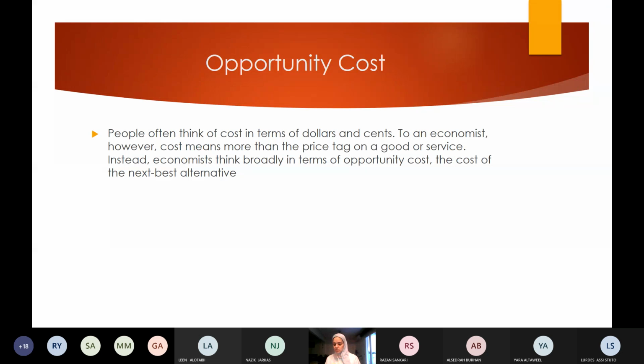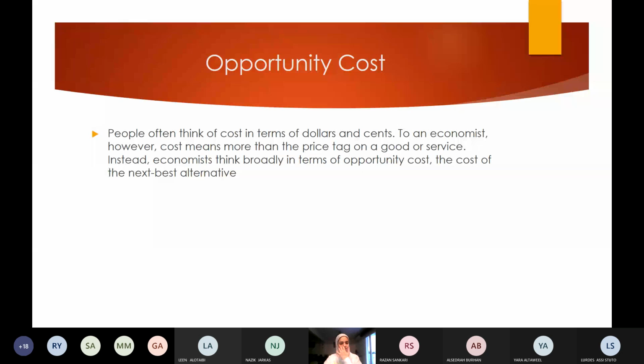So you choose to buy this, but you didn't buy this other product. You choose to go out with your father, but you didn't choose the cost of going out with your mother or attending classes.